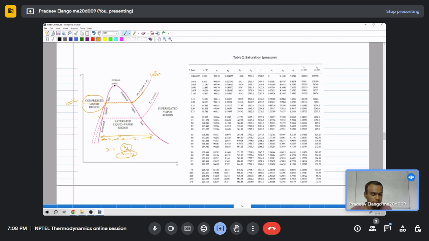So if x is equal to 1, that means saturated vapor, or x equal to 0 implies it is saturated liquid.